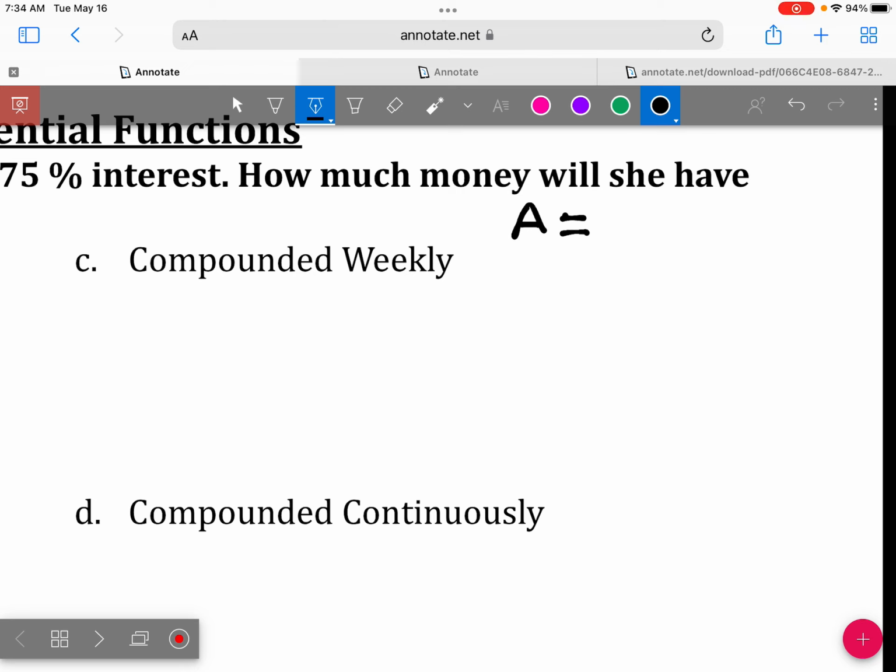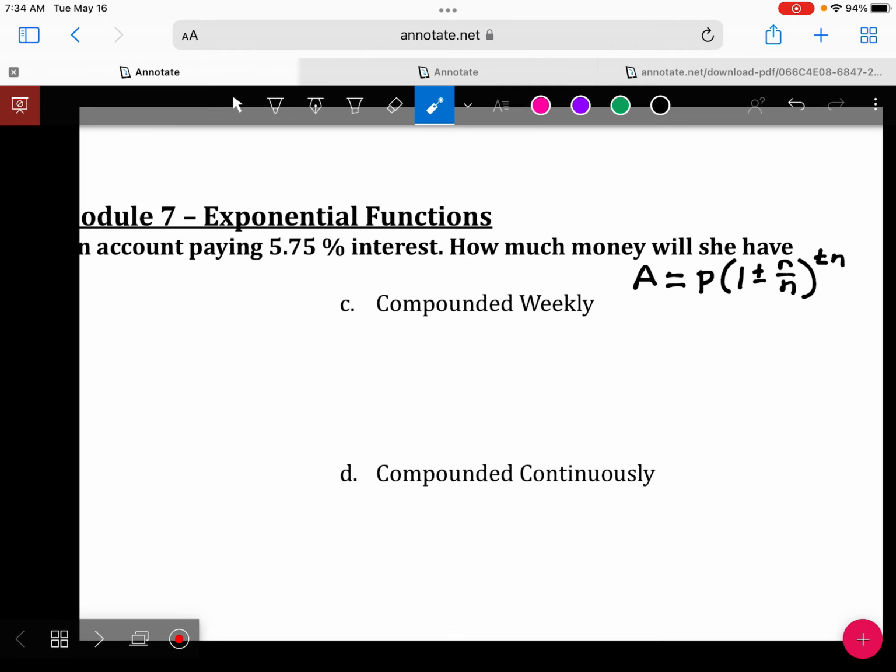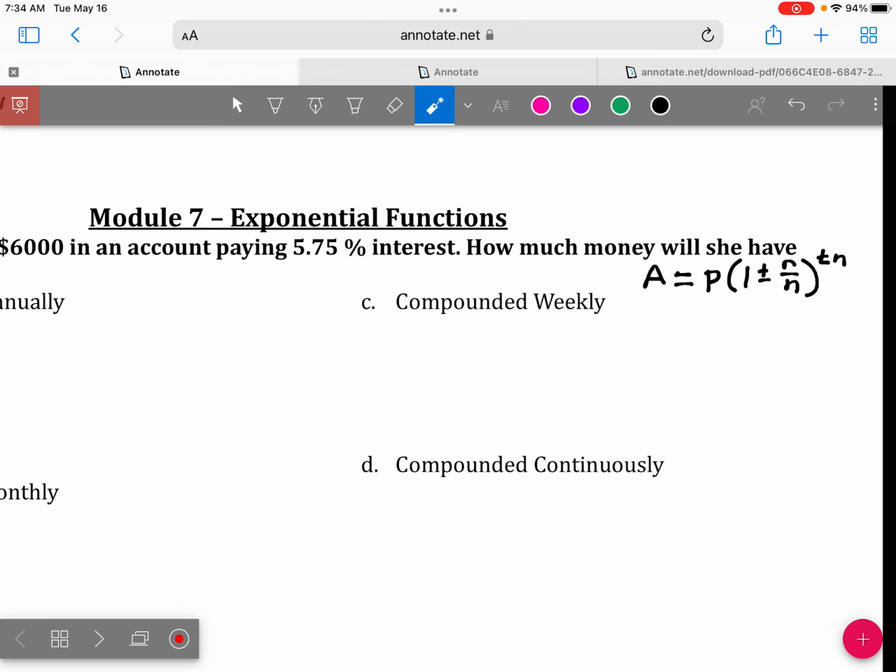So our amount is our principal, 1 plus or minus R over N to the Tn, where P is our starting amount, R is our rate as a decimal, T is the time, and N is all about this compounding piece. So we're going to fill in all the pieces we have for this problem.